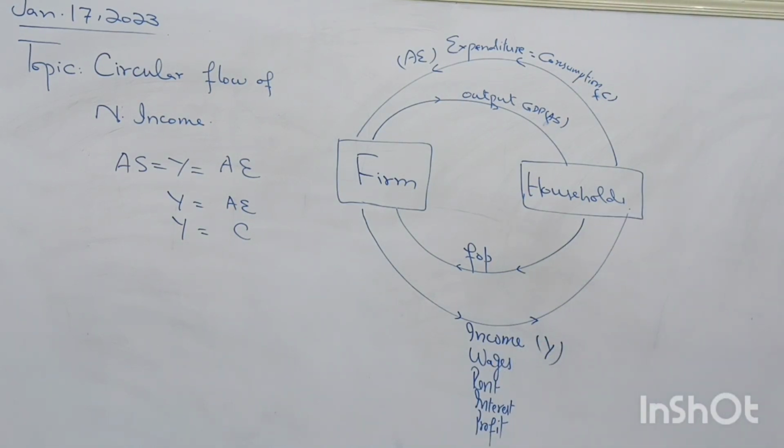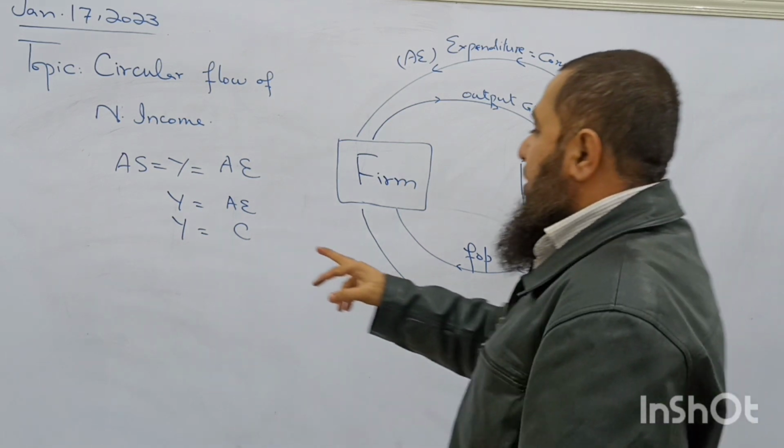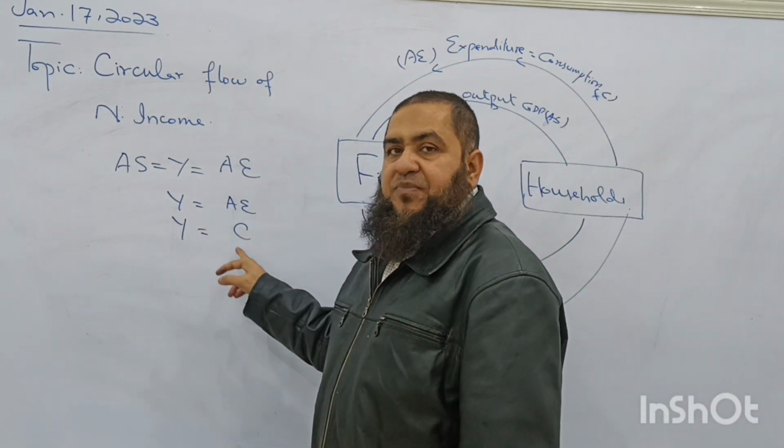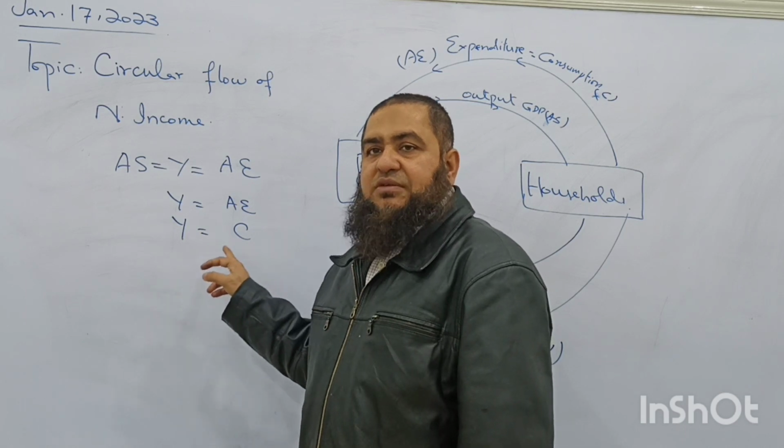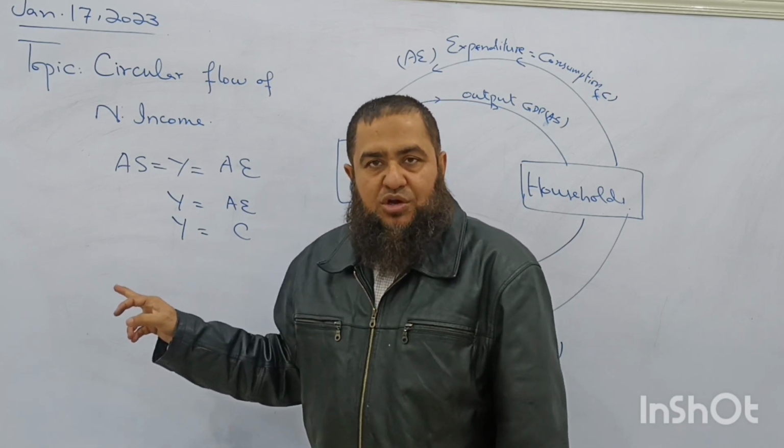If there is no saving in this sector, what is happening? All income is spent. Now this economy is in equilibrium when all income is spent. Whatever income is earned is equal to the total expenditure in the economy.